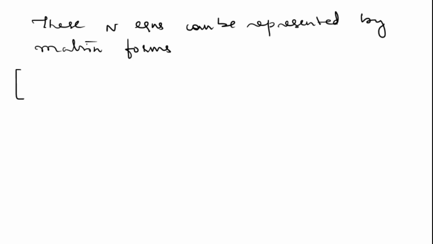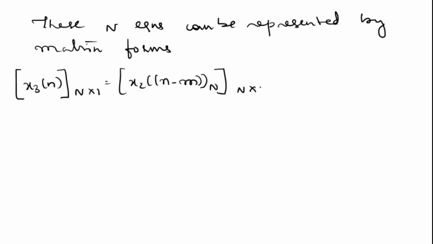That means x3 of n of order n cross 1, x2 of n minus m of n cross n into x1 of n of order n cross 1.